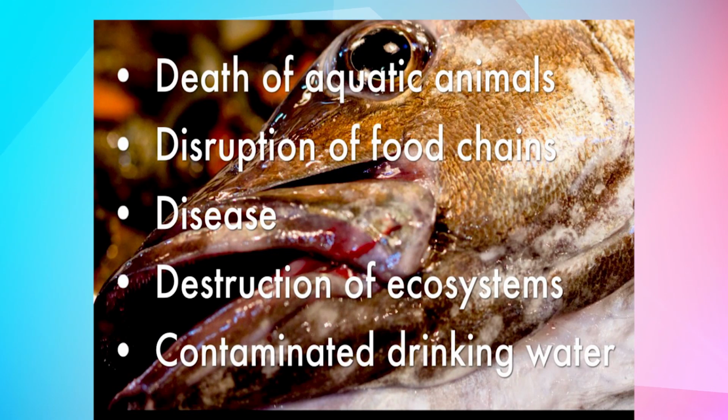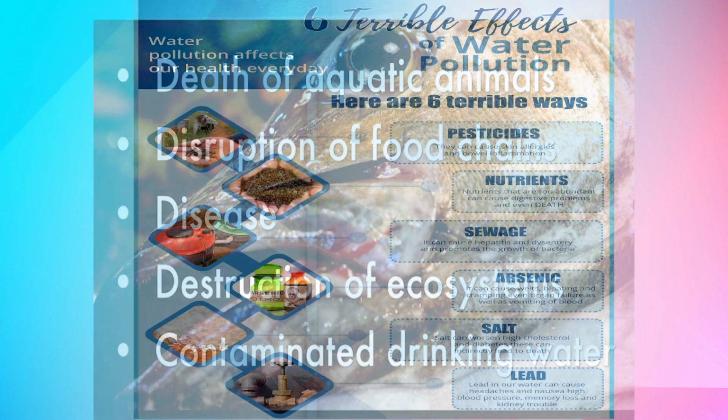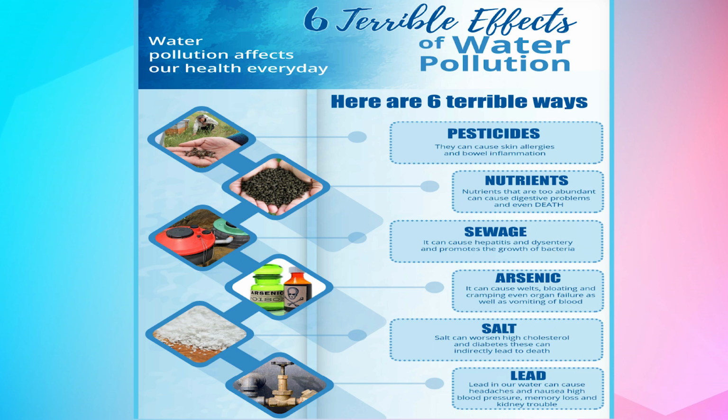Death of aquatic animals, disruption of the food chain, diseases, destruction of ecosystems and contamination of drinking water. These are the effects of water pollution. The six very terrible contributors are pesticides, sewage, arsenic, salt, lead and nutrients.